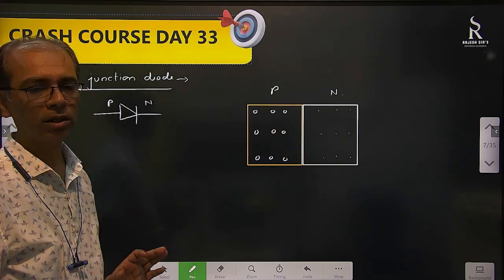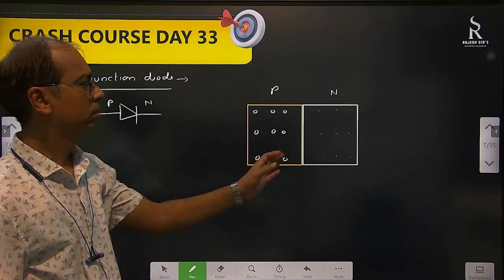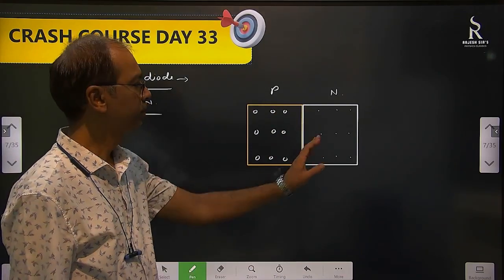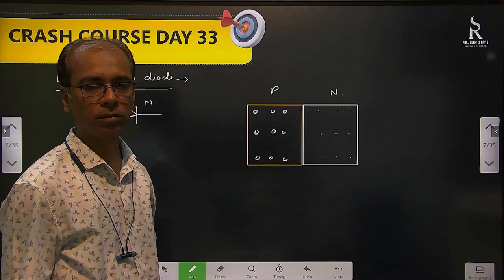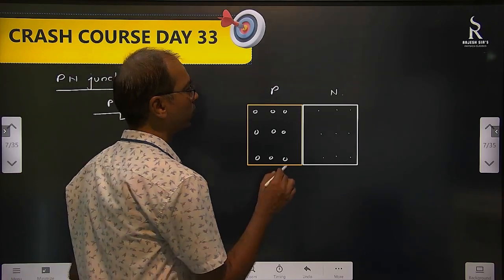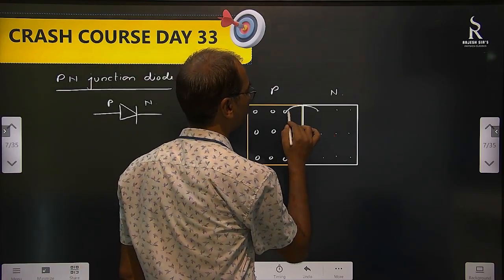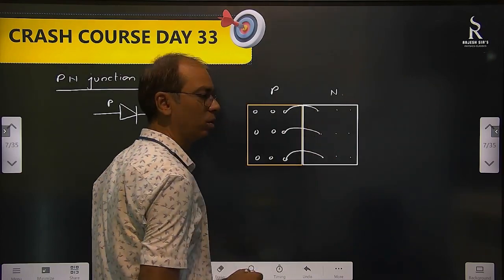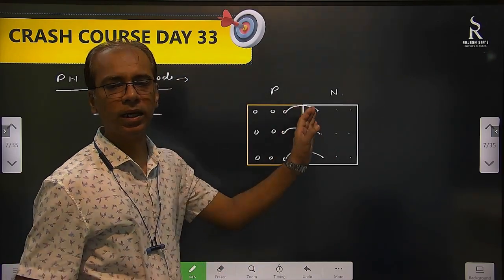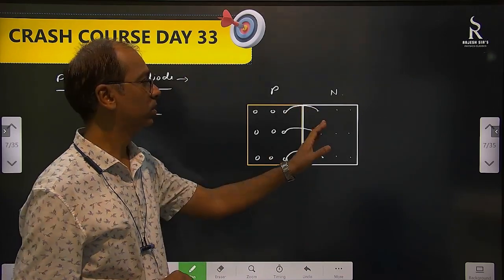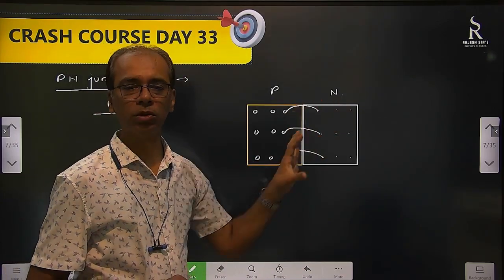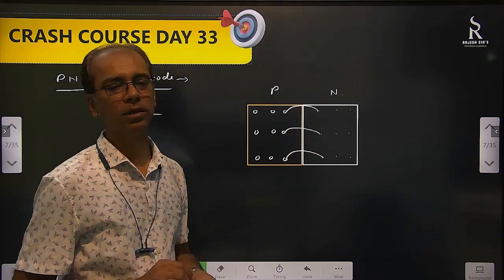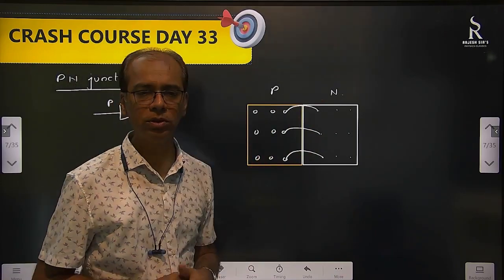Because of the concentration gradient, these electrons will start moving towards the junction. They will come over here and create holes on this side. N-type semiconductor in general is neutral, and P-type semiconductor is also neutral.